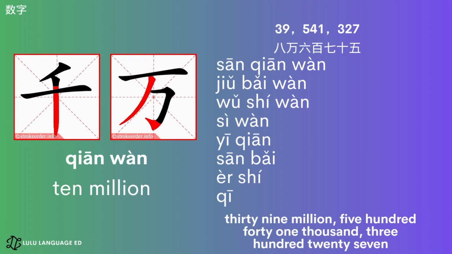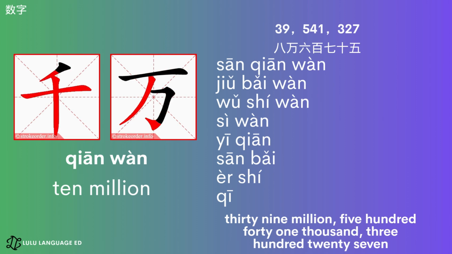1,000. 300. 20. 7. Together: 3,000,000, 900,000, 50,000, 4,000, 1,320.